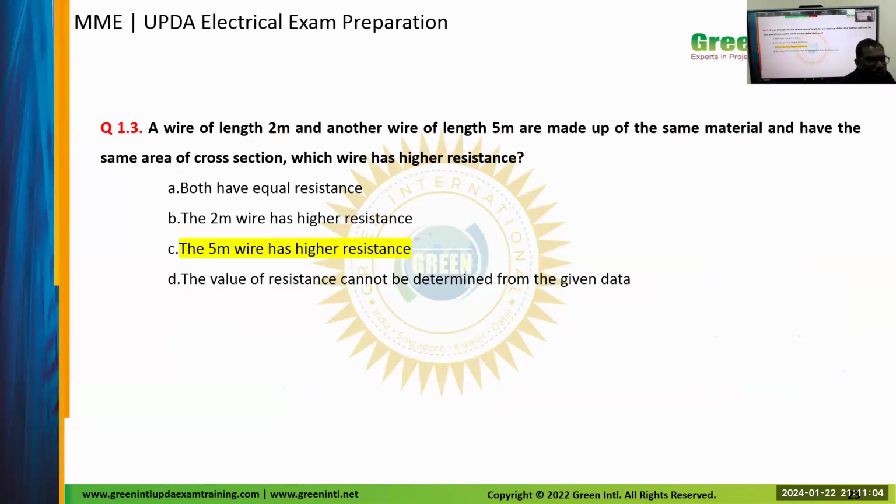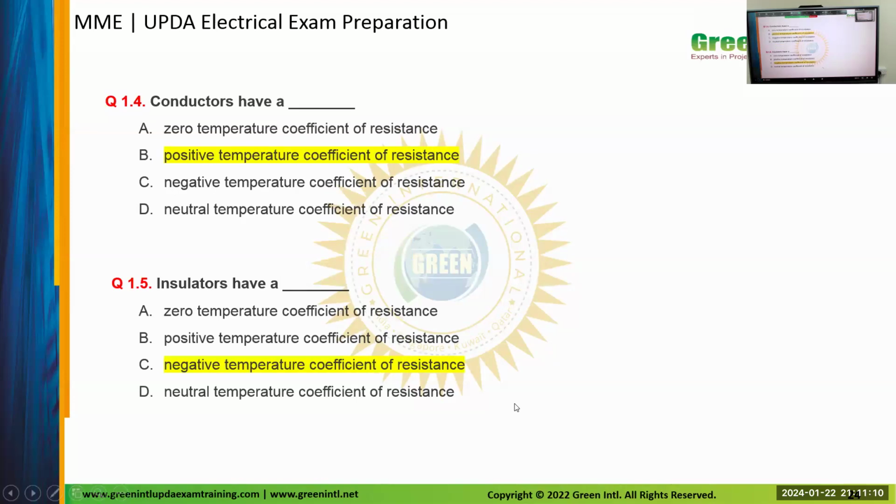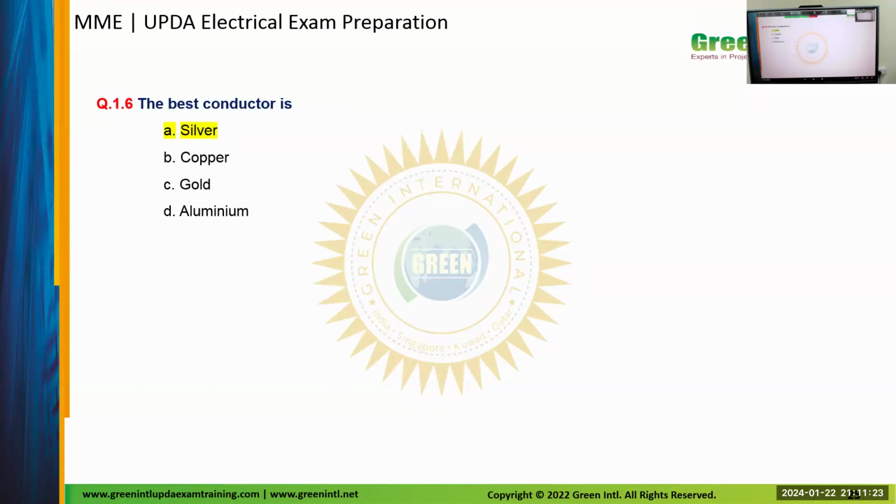So there is no need to do any mathematical calculations. A conductor has a positive temperature coefficient and an insulator has a negative temperature coefficient. For the best conductor, we have 4 different options. How do we say silver is the best conductor?